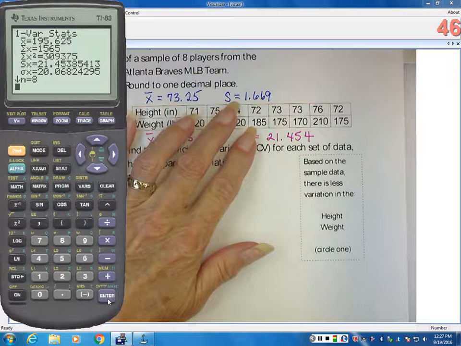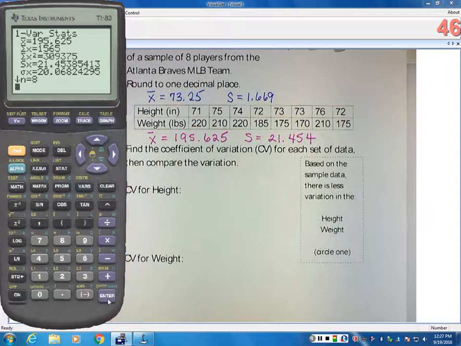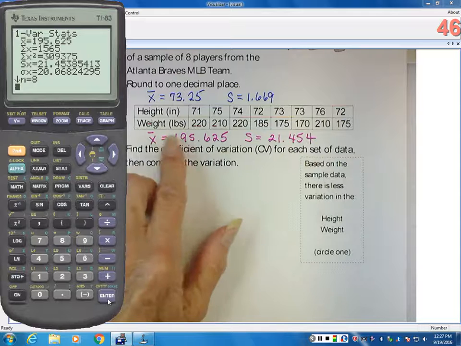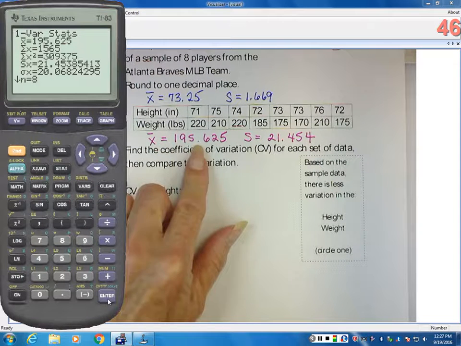This standard deviation is only 1.669. This standard deviation is 21.45. Does that mean there's more variation in their weights than there is in their heights? Can we say that? The standard deviation is certainly larger, but the standard deviations are based upon the distance of the values from this number or this number.